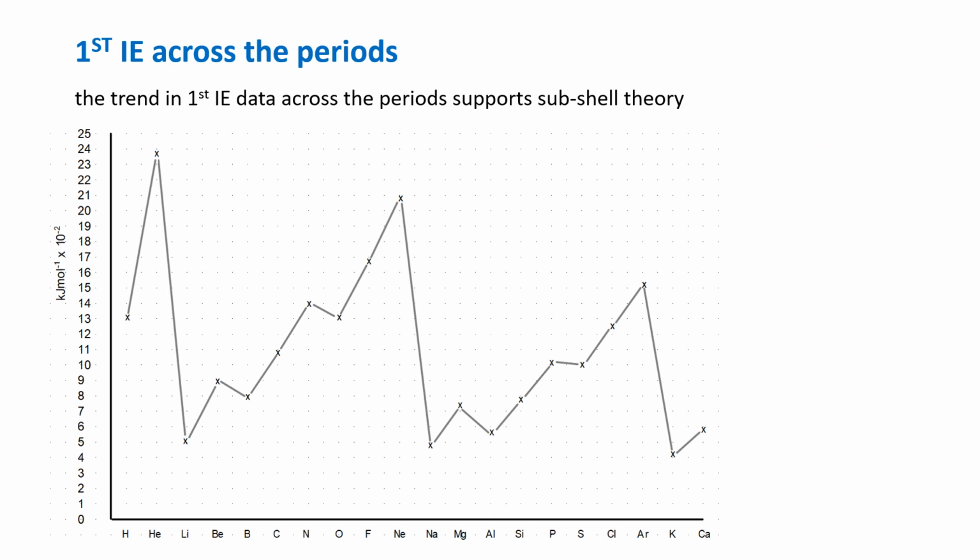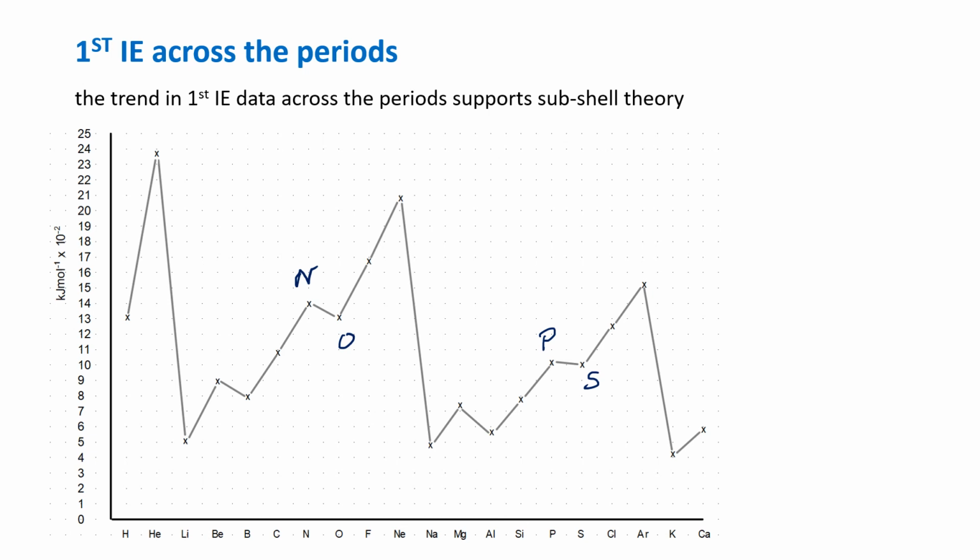There is another minor peak that needs to be explained, and that peak occurs between nitrogen and oxygen, and then is repeated between phosphorus and sulfur. And again, we need to look at electron configurations to explain those minor peaks, but we also need to look at the configurations in terms of orbitals.